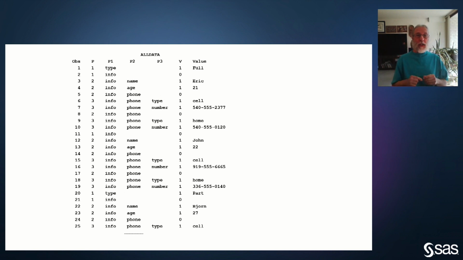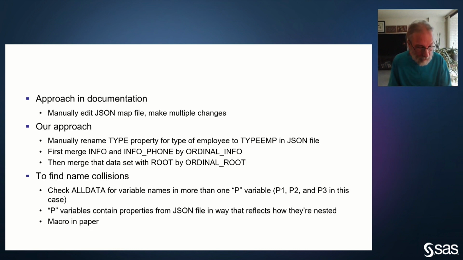By the way, I want you to notice that the P variables, P1, P2, P3 in this case, show the names of the keys, and they show them in a way that reflects the nesting in the file. And you'll notice that type is in P1 and P3, which reflects the problem I noted earlier.